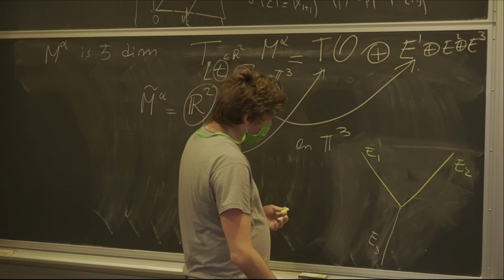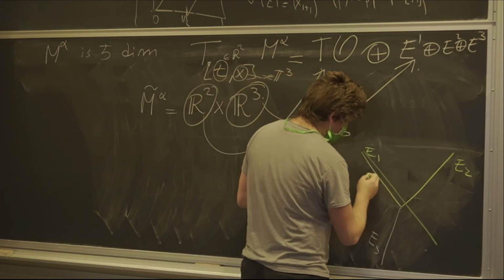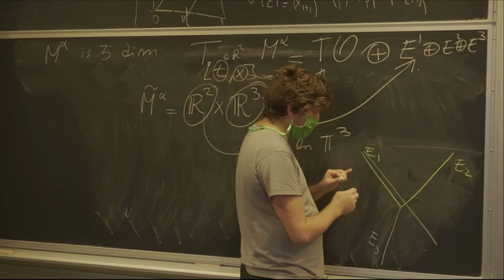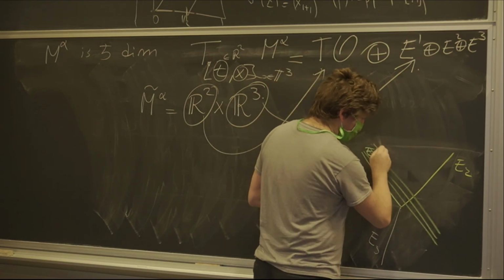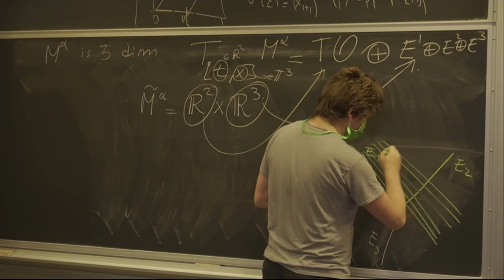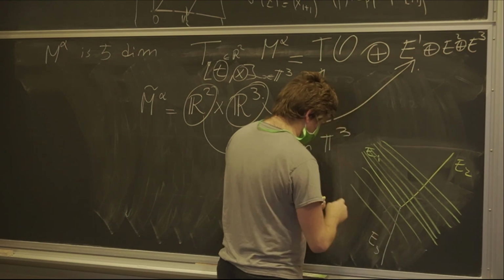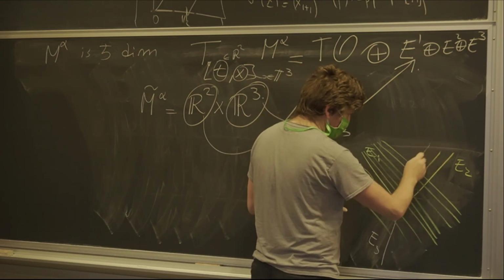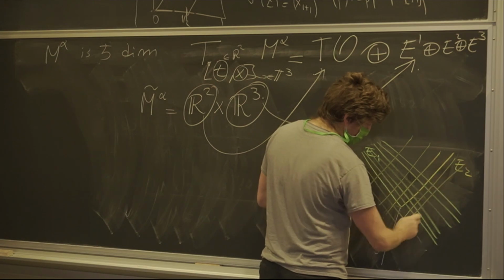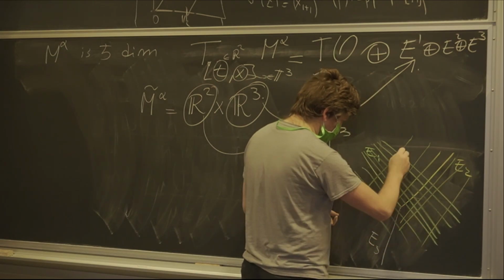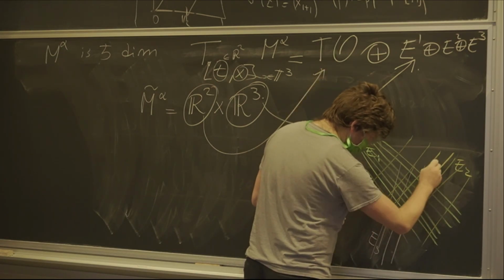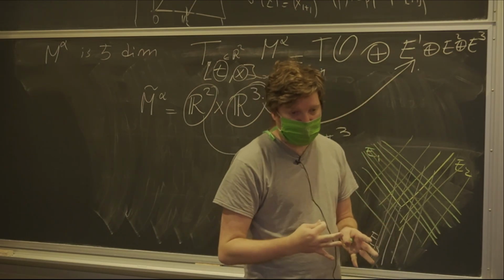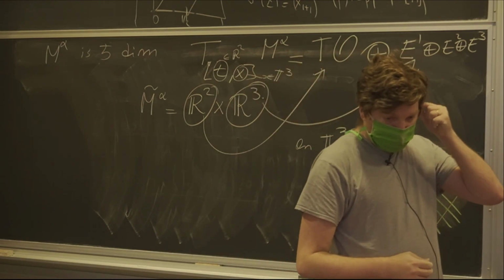Okay, and you have the parallel foliation to these guys, and I have the parallel foliation to this guy, and I have the parallel foliation to this guy. So I have these three parallel foliations there on T3.